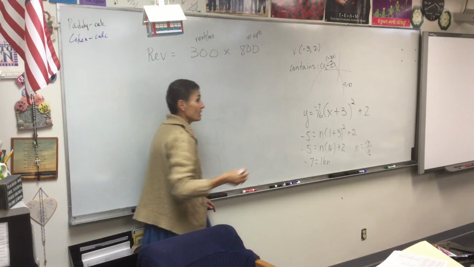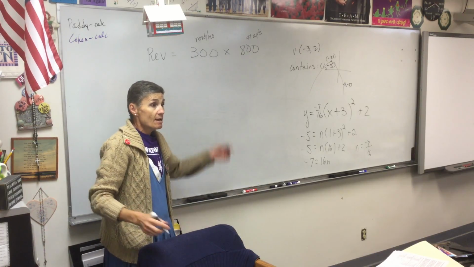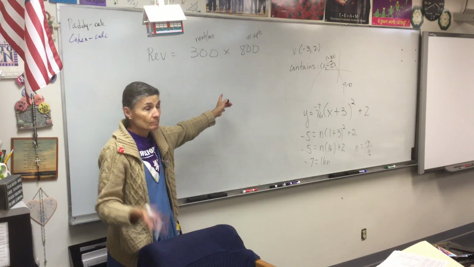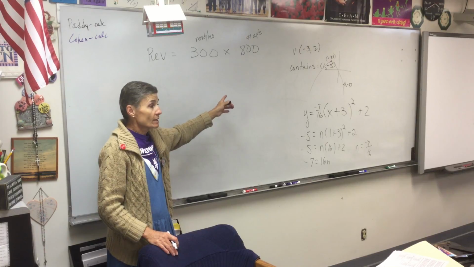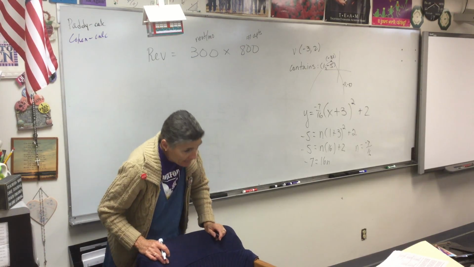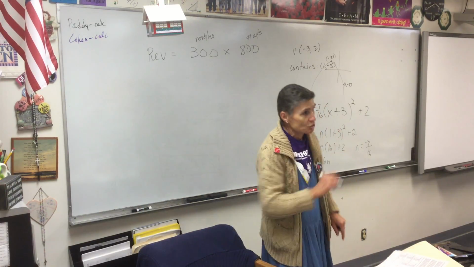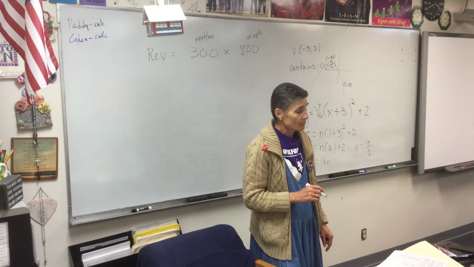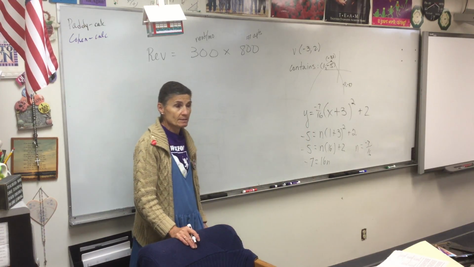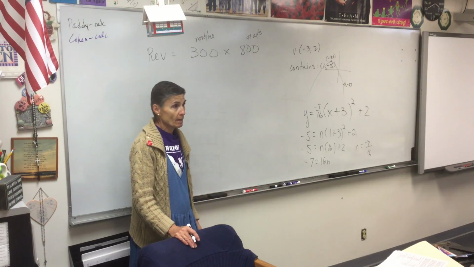So right now, if you're the owner of this apartment complex, this is how much revenue you're bringing in every month, right? Now, somebody has done some research and concluded that if you decrease your rent $5, you will rent an additional 20 apartments. Will that change your income?